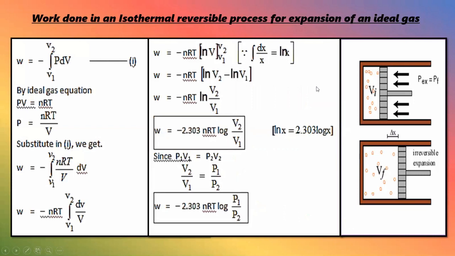So in this lecture, we have seen basically 2 different things which are very important. First one being the reversible and irreversible process, which needs to be understood carefully: under what condition the reversible and irreversible process will occur, and what is the basic difference between these two. After that, we have seen how much work is done in isothermal reversible expansion of an ideal gas.